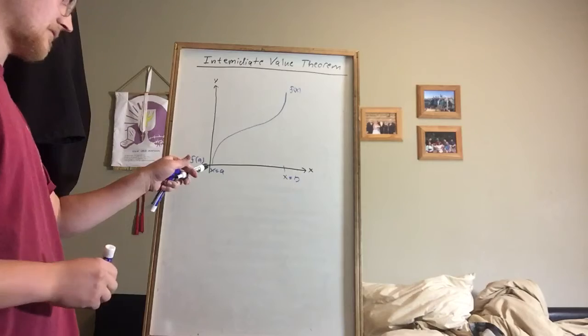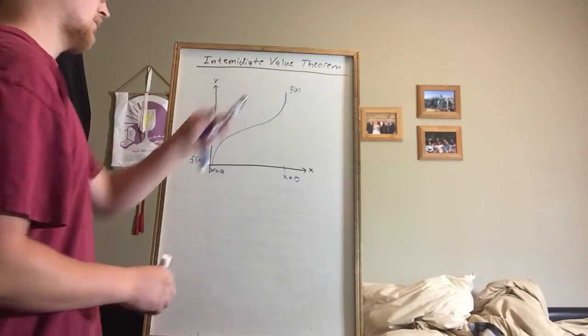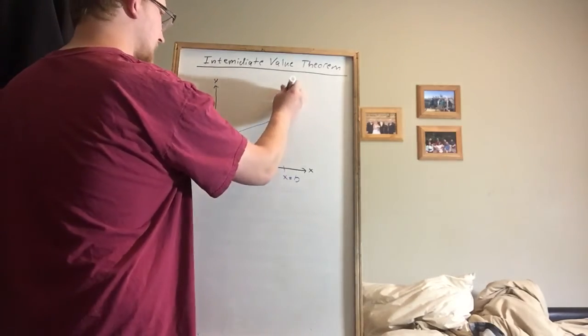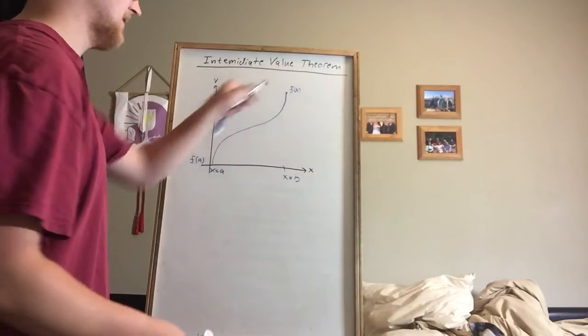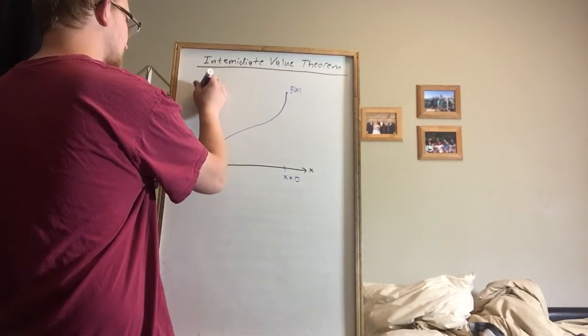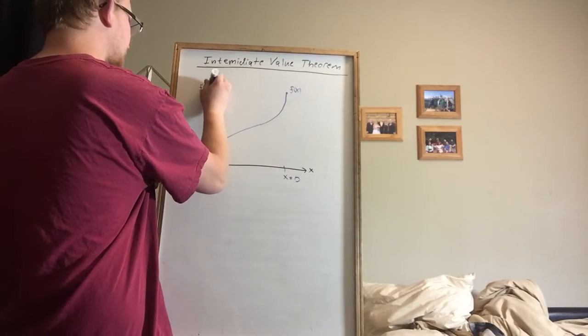So the y value for this ordered pair is f of a, whereas the y value for this ordered pair is f of b, because we're plugging in b and getting an output. So this is f of b.